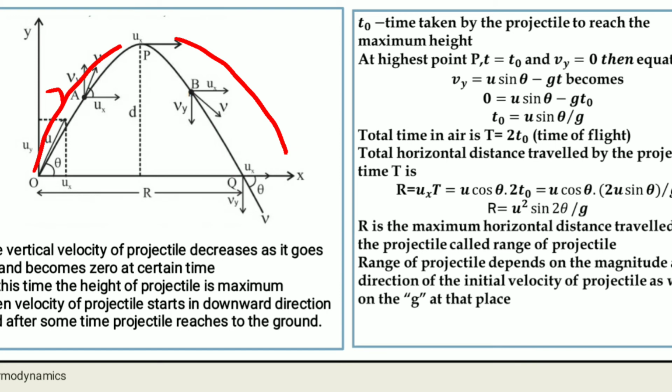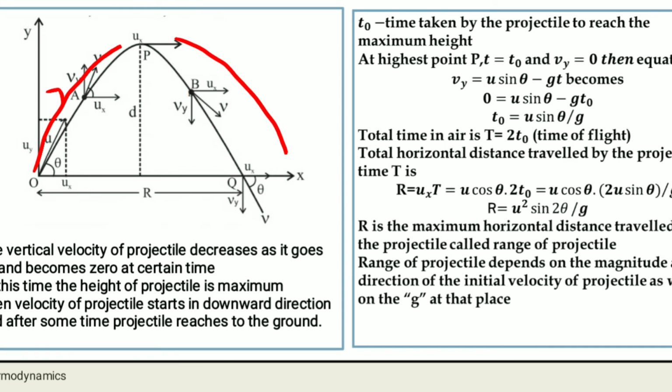After point P, there will be an increment in the velocity of the projectile in the downward direction. Before point P, there will be a decrement in the velocity of the projectile in the upward direction.